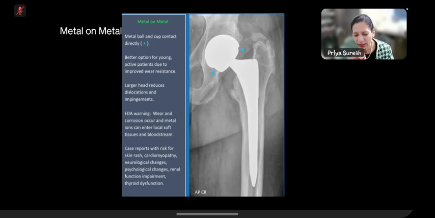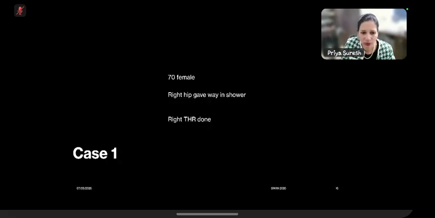The British Orthopaedic Society, the trust and MHRA had to recall many of the patients back, because if they had a large femoral head, then they were at high risk of what we call metallosis, and they can have risk of skin rash, cardiomyopathy, neurological changes, and many other changes. So many of them were recalled to address this issue.